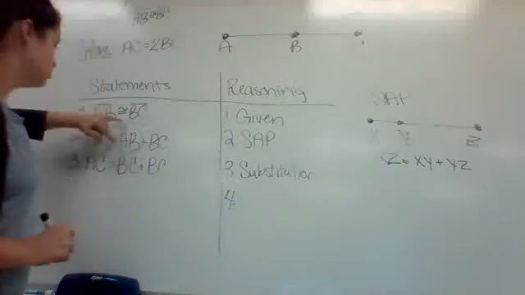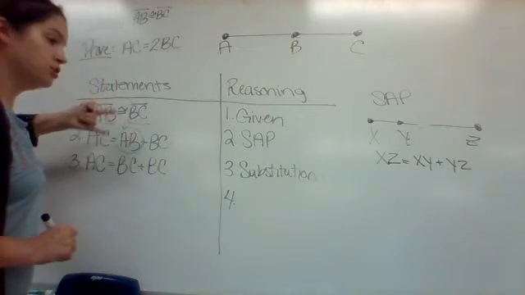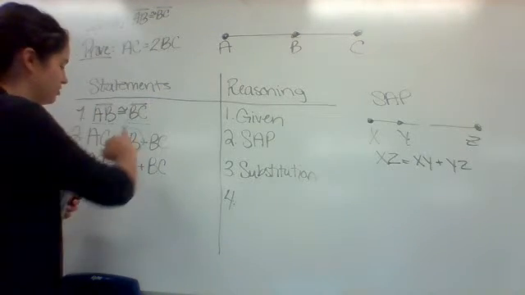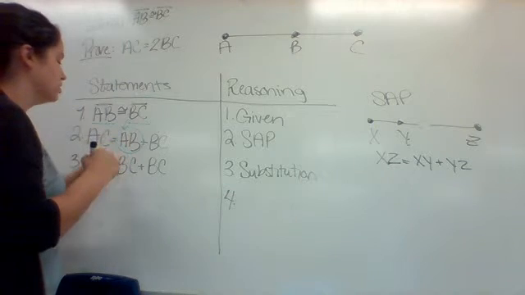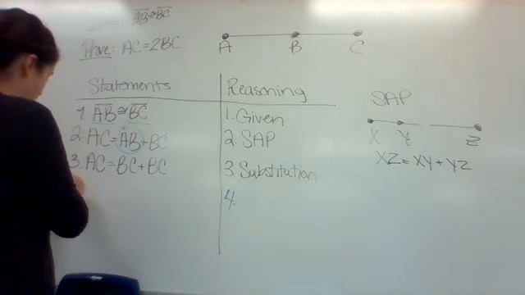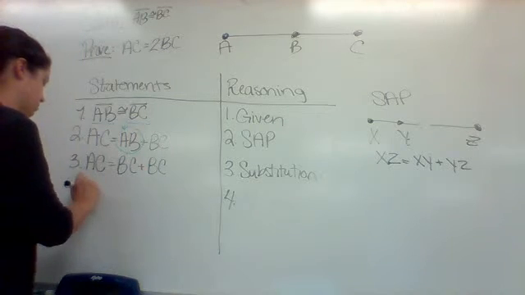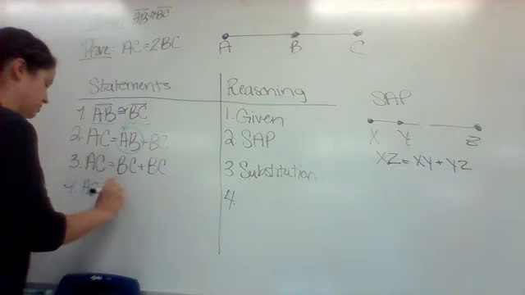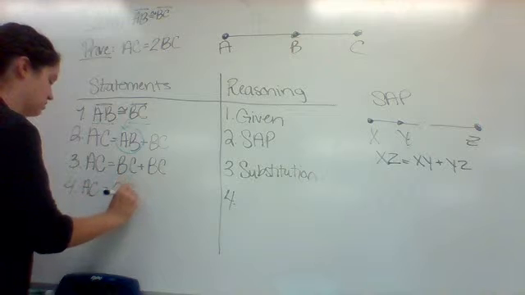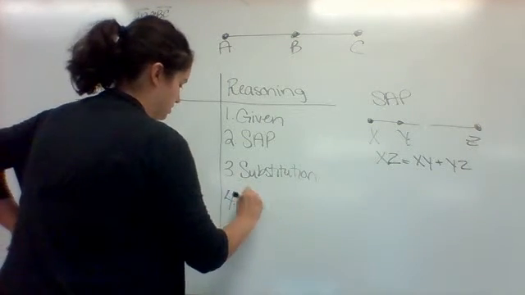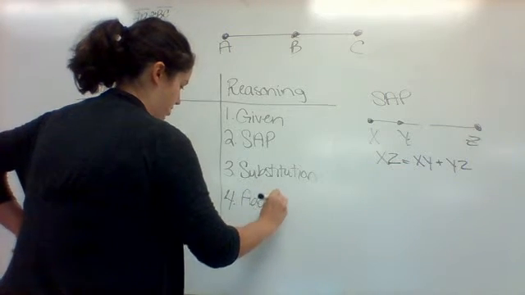Keeping in mind that substitution is just when you can interchange values to achieve a different equation. Different but equivalent. And then I can combine my like terms to get that AC equal to 2 times BC, which is just addition property.